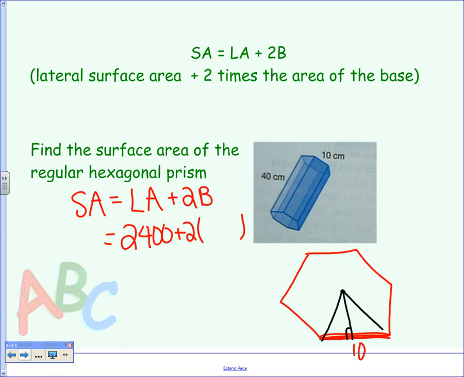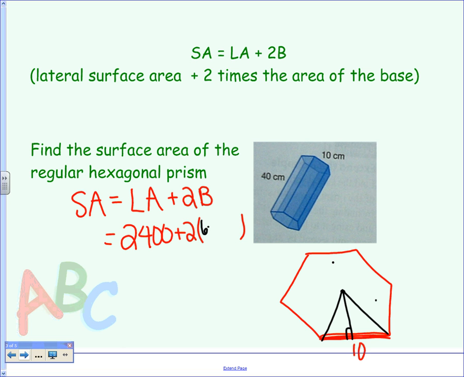How many of these pairs of triangles are there? 6 of them. 1, 2, 3, 4, 5, 6, right? So I can do 6 times these triangles. Well, how am I going to figure out the area of that triangle? Do I know the height yet?